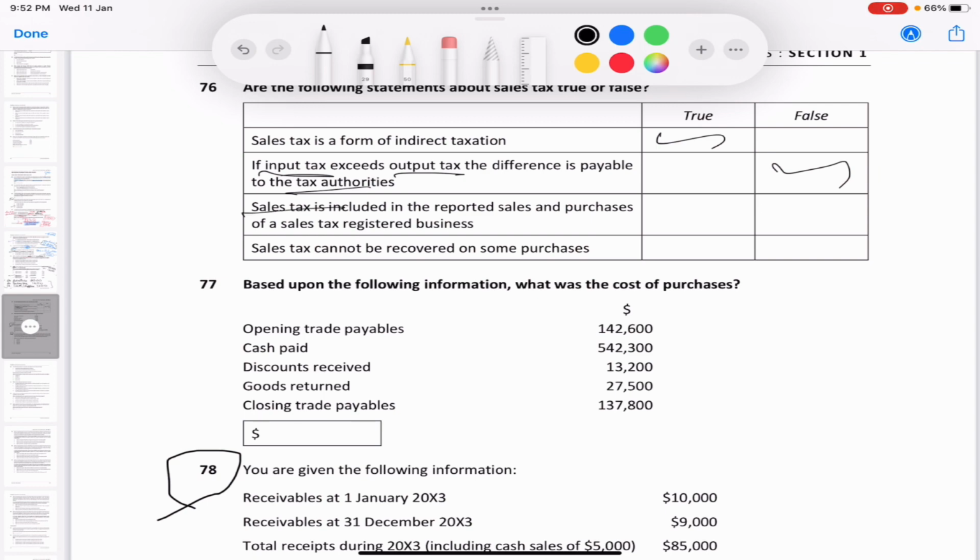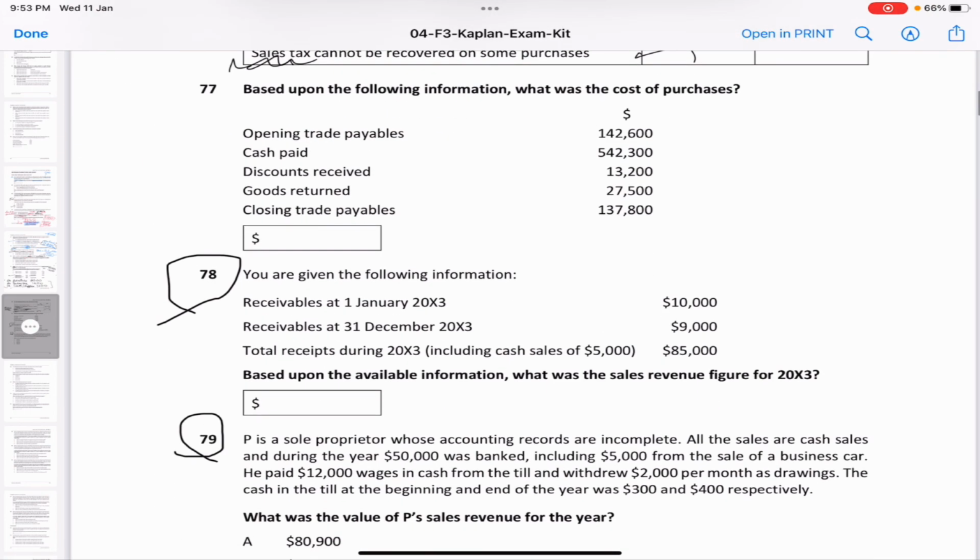Sales tax is included in the reported sales and purchases of a sales tax registered business. False. Sales tax is never included in the reported sales. We always create a separate account for sales tax. Sales tax cannot be recovered on some purchases. That is true. On some purchases we cannot recover the sales tax.